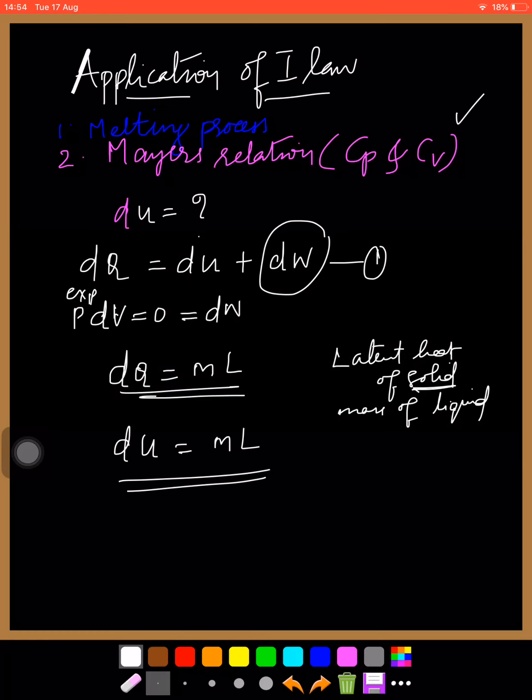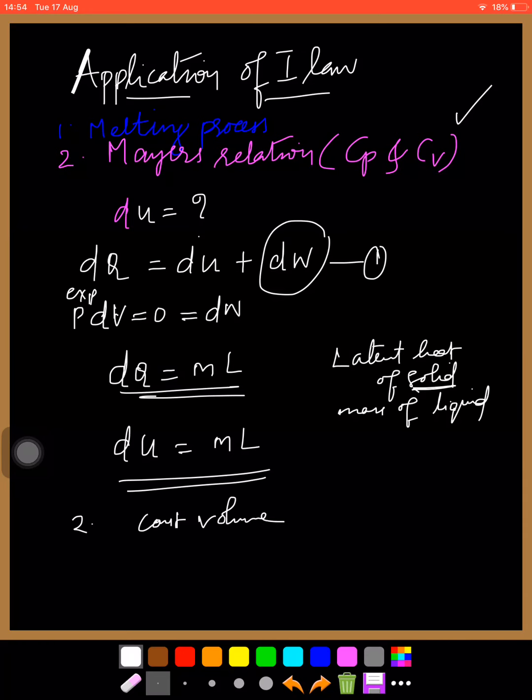And then let's derive the relation connecting Cp and Cv, or the Mayer's formula. For that, consider the gas is heated first at constant volume.